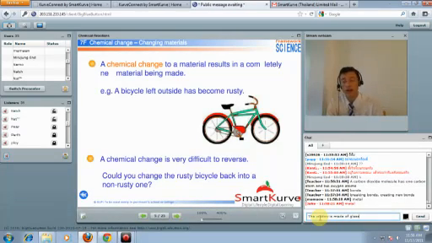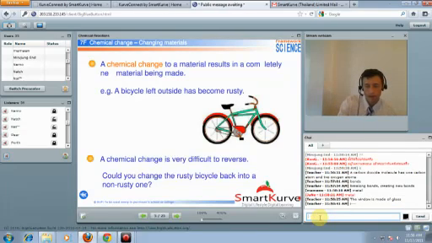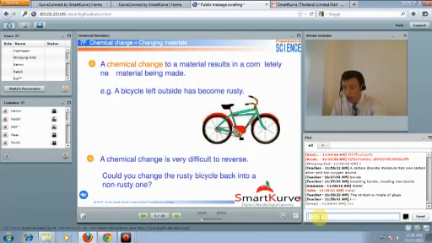Okay, metal, very good. Remember, we said the window is made of glass. The bicycle is made of metal. But what element, what is the name? Starts with an I. Good. Iron.